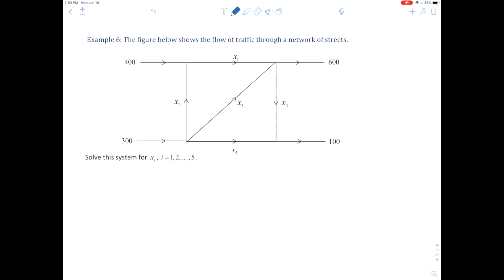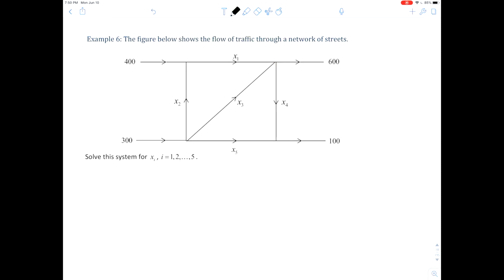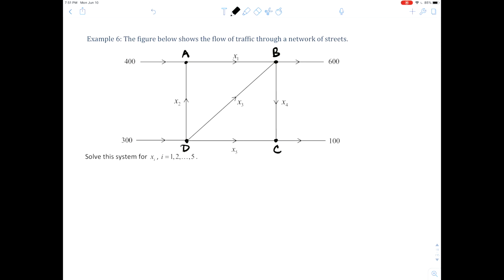And this brings us to a traffic example, right? So again, I'm going to name the junctions here, wherever there's an intersection, just to make it easy to see and navigate. All right, so remember, what flows in has to flow out, and this is how you can figure everything out.